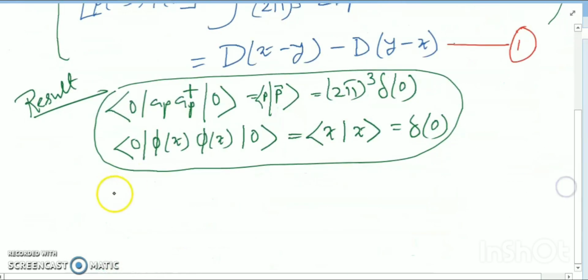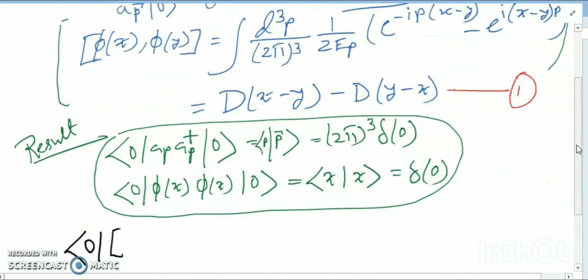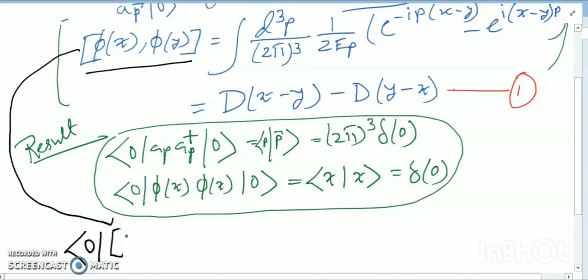It is remarkable that we know that this is 0. Similarly, this quantity we are going to sandwich between vacuum, this way and this way.